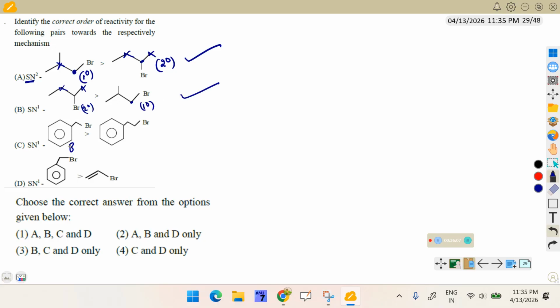SN1 benzyl: this is benzyl bromide, a 1 degree bromide, correct. SN1 benzyl: this is vinyl halide. The halogen atom is directly attached to the sp2 hybridized carbon of C double bond C. Vinyl. Correct. A, B, C, D are correct.